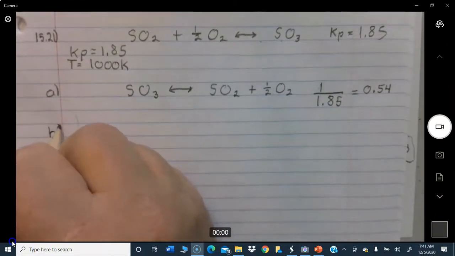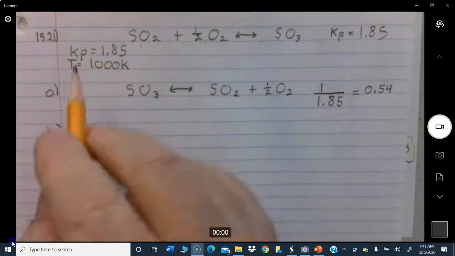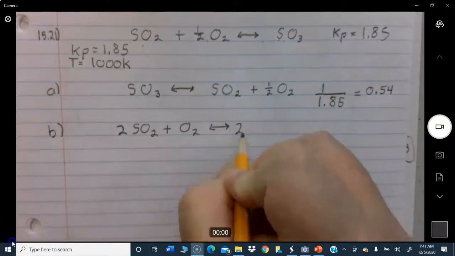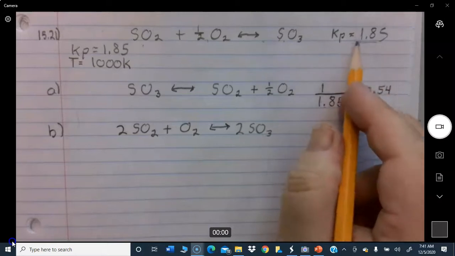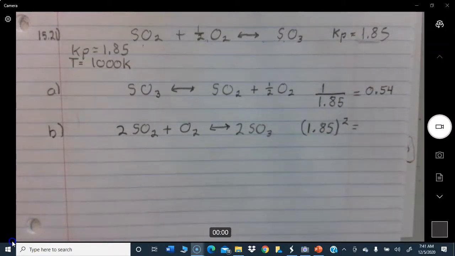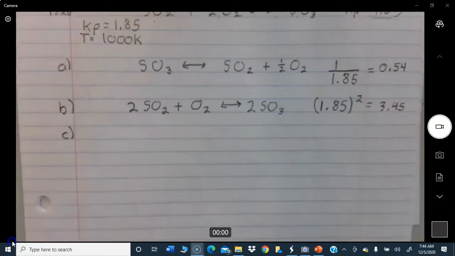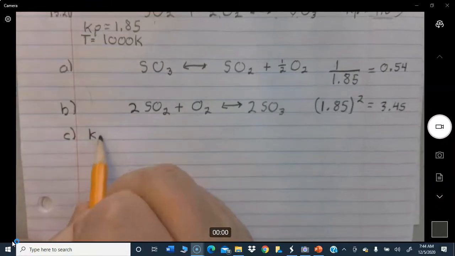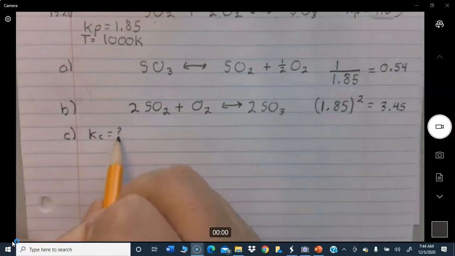Let's go on to B. Now they're going back to the original equation. They're multiplying everything through by 2. So what they're going to do is take the Kp value and square it. Alright, and for C they want us to find Kc, so this is what we're looking for.